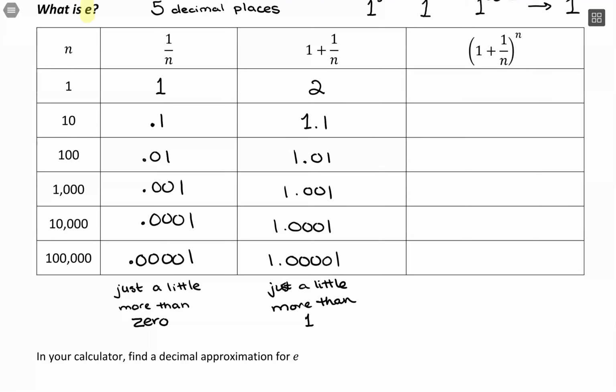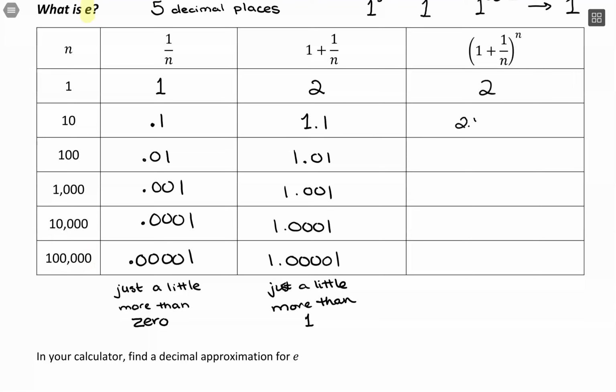Then here, what we're going to add on is an exponent. You can imagine as we go down the line here, we're taking something that's just a little more than 1, and then raising it to these really big exponents, to the point where at the end here, we'll have an exponent of 100,000. So 2 with an exponent of 1 is just 2.